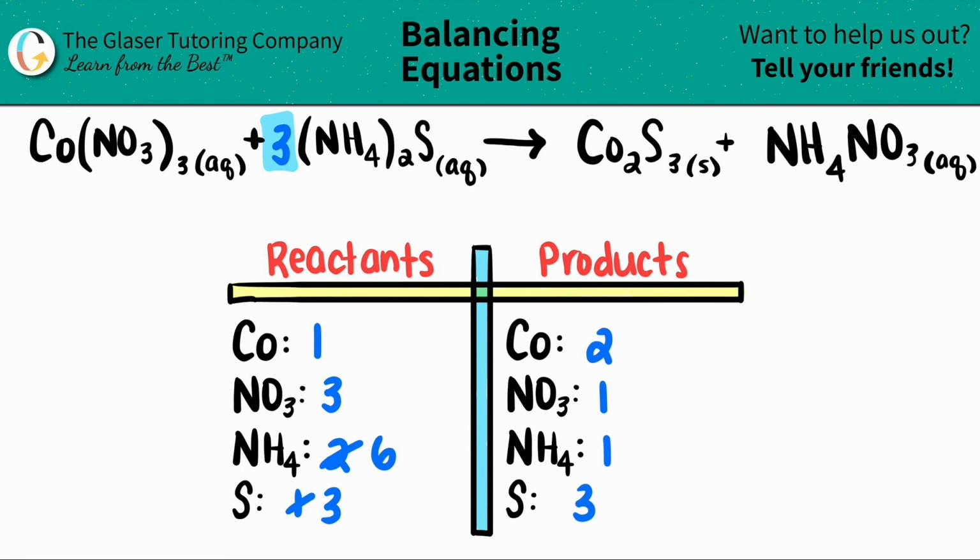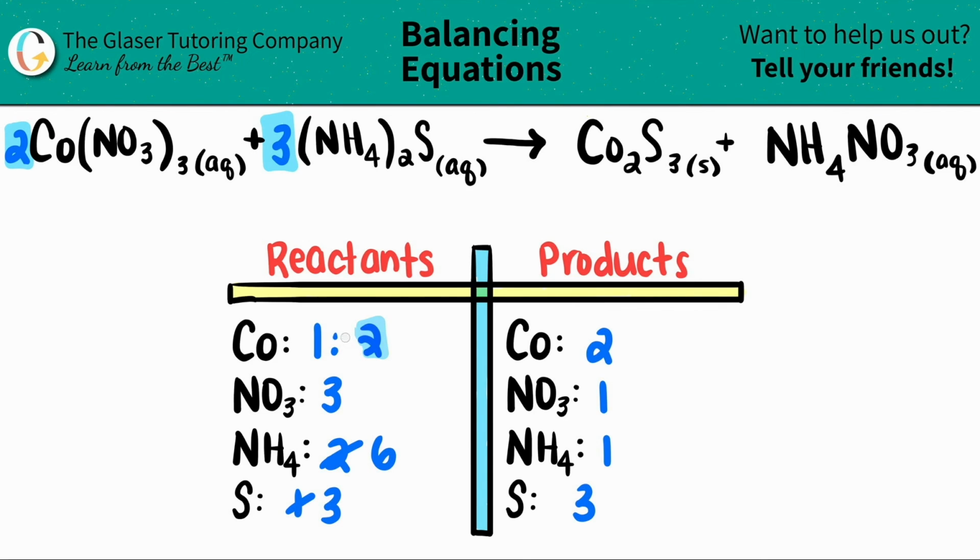Let's pick another one. Doesn't matter to me. Maybe let's do the ammonium, or if you want to do the element, that's fine with me too. Let's do the element, cobalt. 1 times what will get me to 2? 1 times 2. And that number that you stated goes to the coefficient in front of the compound that has the element. So I'm going to put a 2 here.